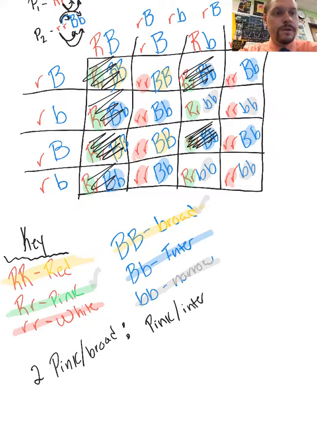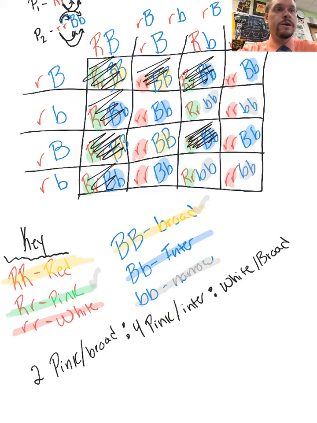That is it. So we have 4 of those. And then our next one over, I just kind of follow that, little r, so that's going to be white and yellow, so broad. And that's red and yellow, so we have 1, 2 of those.